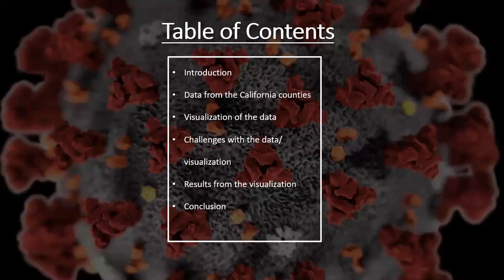For my table of contents, I'll be talking about the data from the California counties, and I'll give an example of the data from Excel. I'll go over the visualizations that I made and see what we can find out on how COVID-19 affected the counties and the patients.